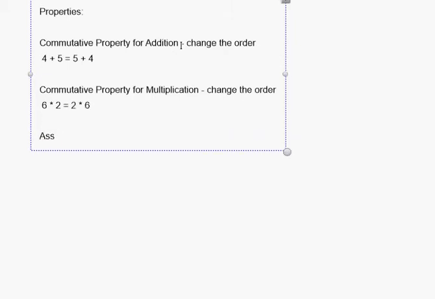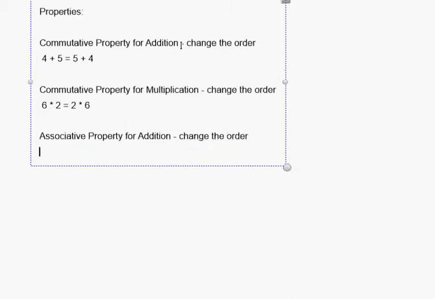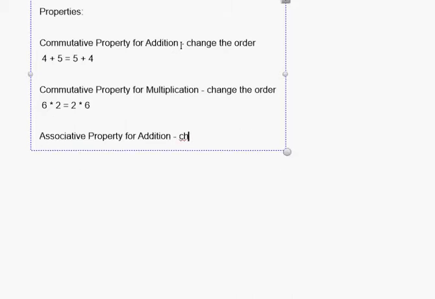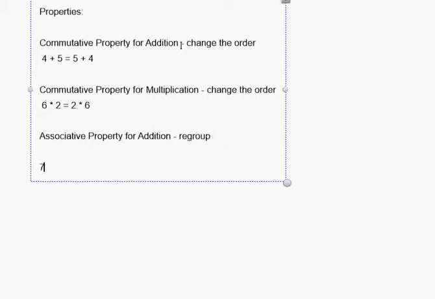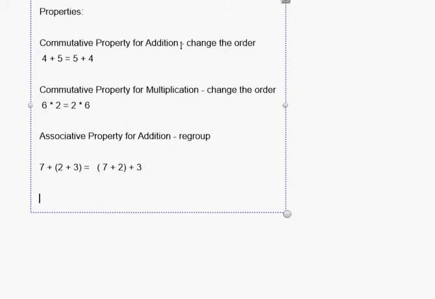Then we have the associative property for addition, where we regroup. And so if we have 7 plus parentheses 2 plus 3, that's the same as parentheses 7 plus 2 added to 3, where we've regrouped.